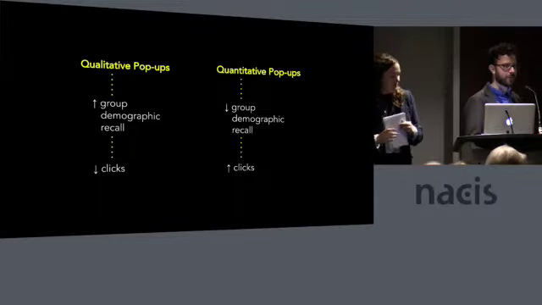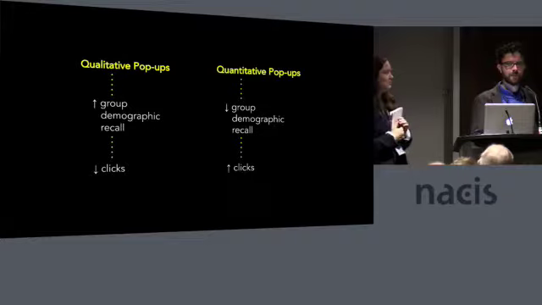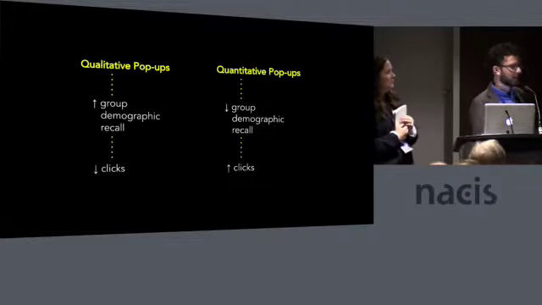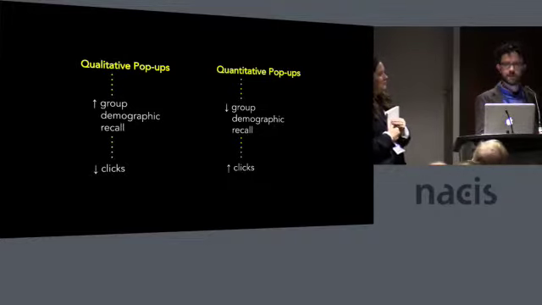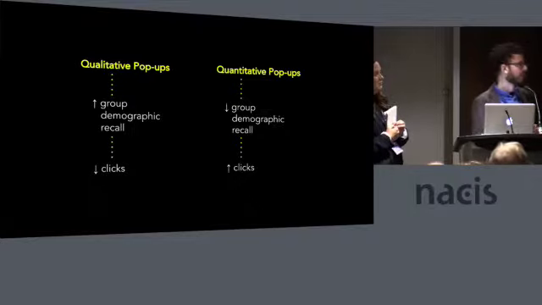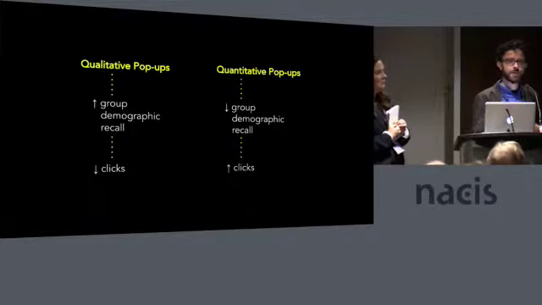Like I mentioned before, we tested both pop-ups that told a story, and pop-ups that took that data and were very categorical and quantitative. We found mixed results. With the qualitative pop-ups, which are longer narrative form, people clicked on less. But they were also better able to recall demographic groups represented in those pop-ups.